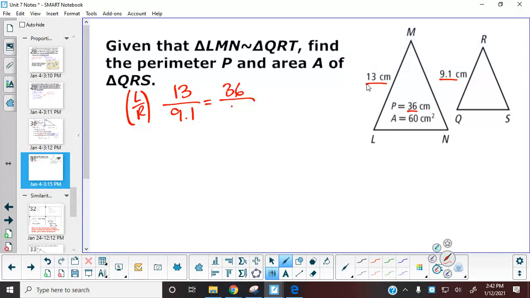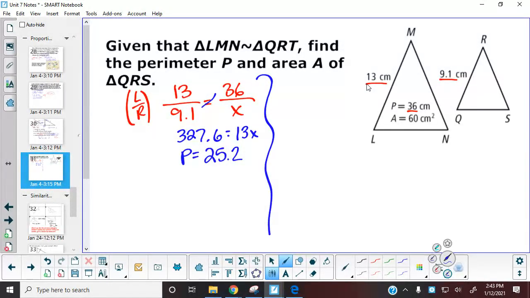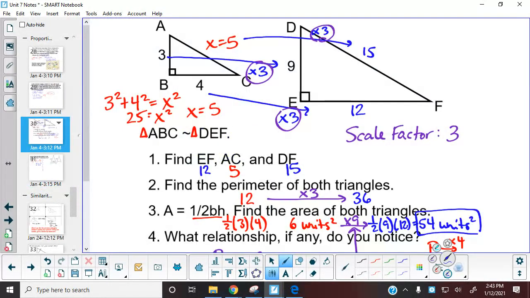So we're just going to do our cross multiplying just like we have been doing. First thing, 9.1 times 36, which gets us a value of 327.6 equals 13x. Divide each side by 13 and you get a value of 25.2 for the perimeter.